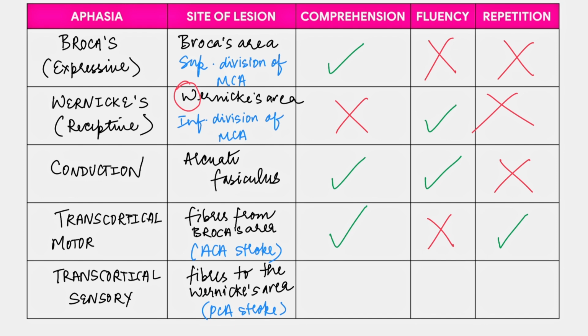Again, it would present very similar to Wernicke's aphasia, where there is fluency, there is no comprehension, but there will be repetition. So just make a note of this. This is the differentiating feature. Transcortical motor and transcortical sensory, they mimic Broca's and Wernicke's, but there will be repetition.